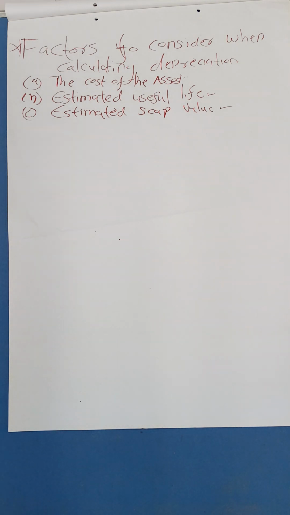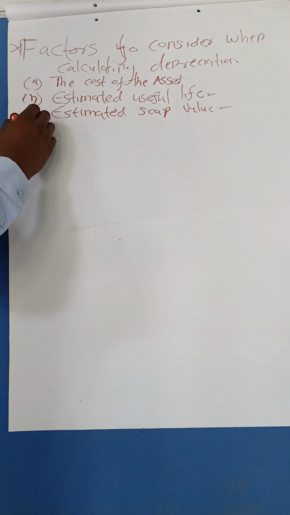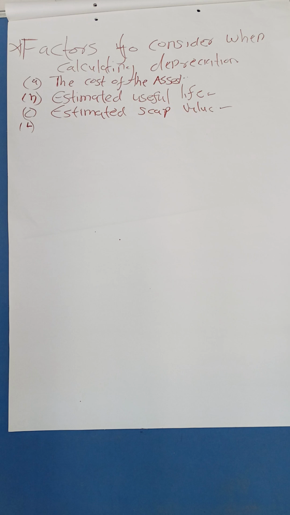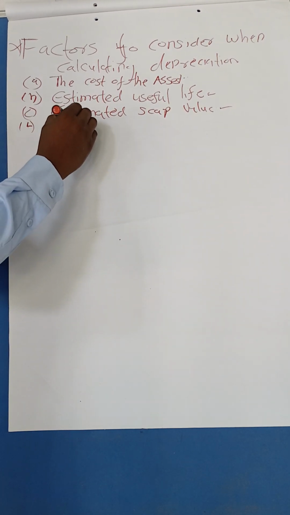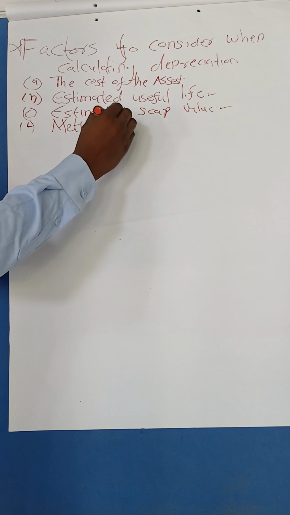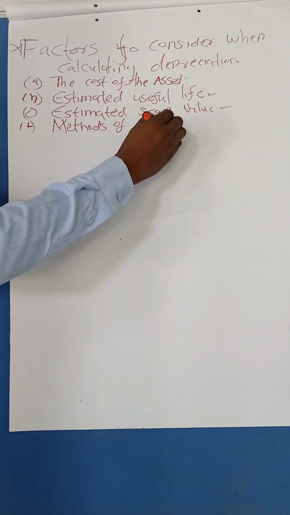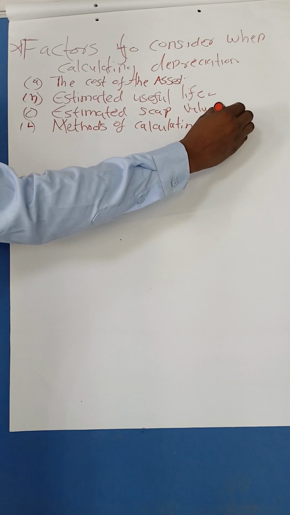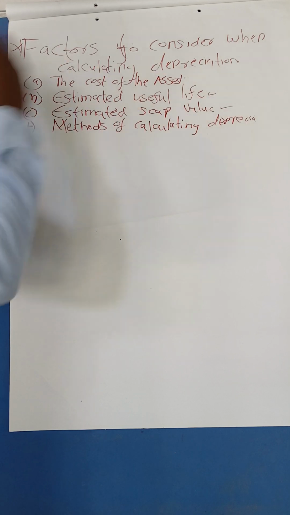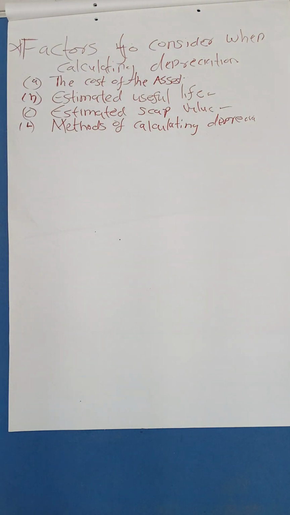Then another factor to consider, part 4, is the methods of calculating depreciation. We have so many methods of calculating depreciation, but in this session today, I will focus on 2 methods.